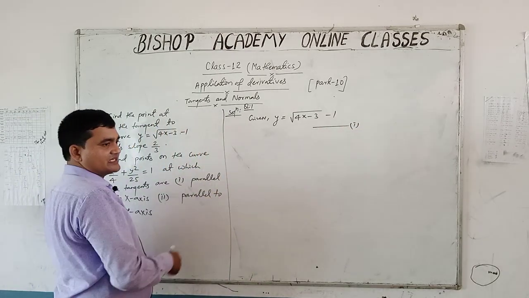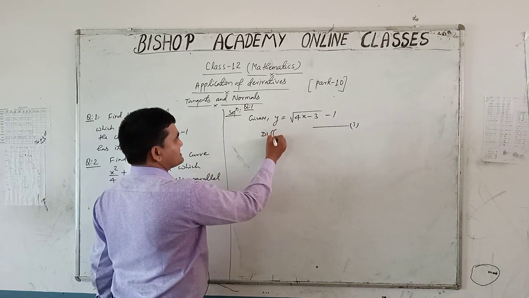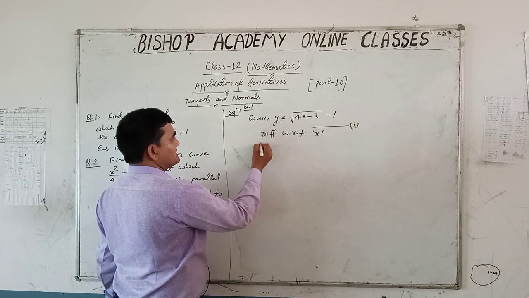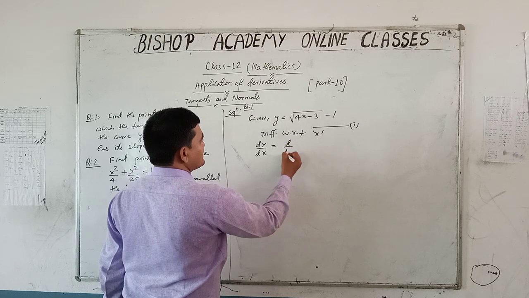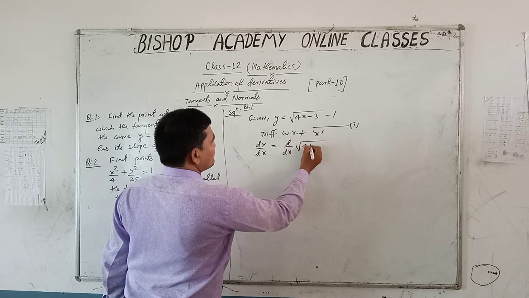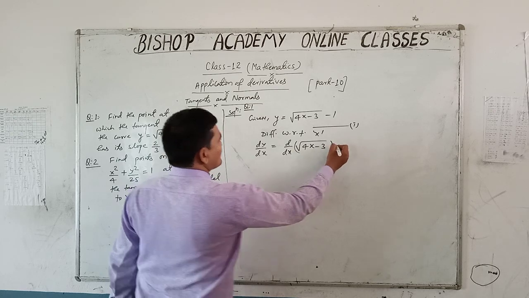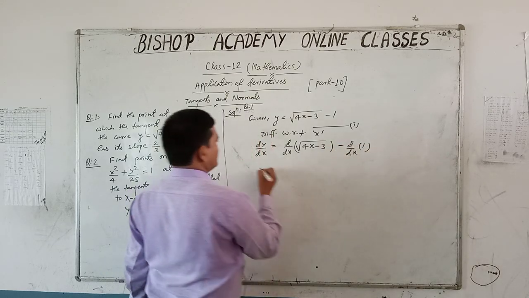Now we differentiate it with respect to x. Differentiating with respect to x, we get dy by dx equal to d by dx of root of (4x minus 3) minus d by dx of 1.